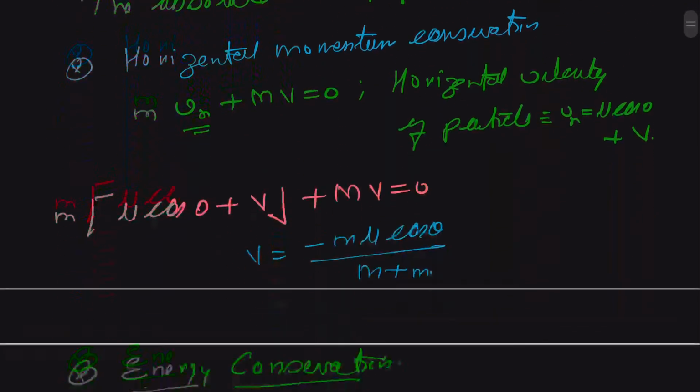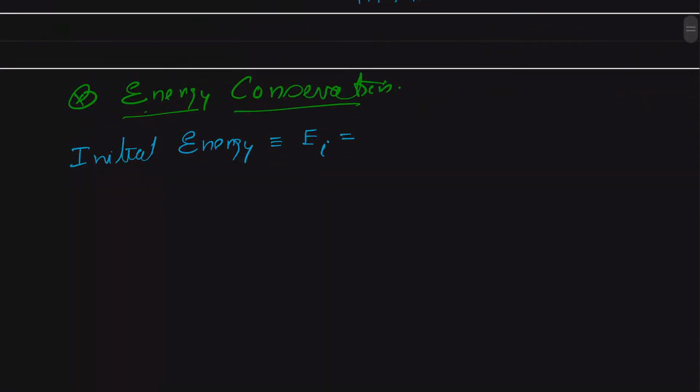This is the center, this is position A, and this height is given as r. So this is the initial position of the particle, and the final position of the particle is our point B, which is at angle theta.